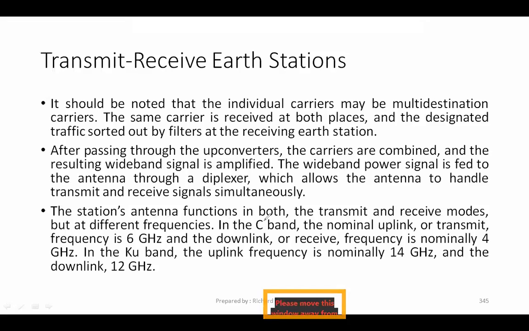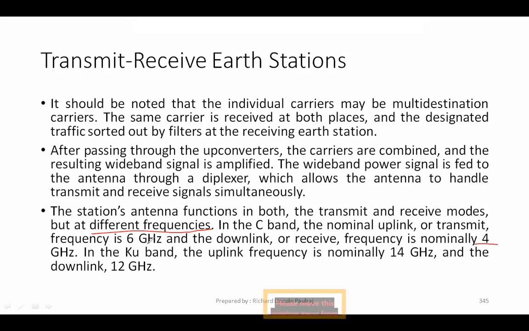The station's antenna functions in both the transmit and receive modes, but at different frequencies. Obviously we cannot have a single frequency in which both functions operate, so we have to make sure these are operating at different frequencies. In C-band, the nominal uplink or transmit frequency is 6 gigahertz, and the downlink or receive frequency is nominally about 4 gigahertz.